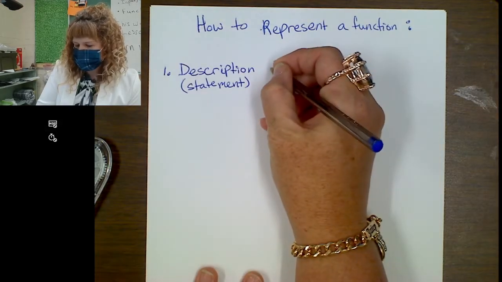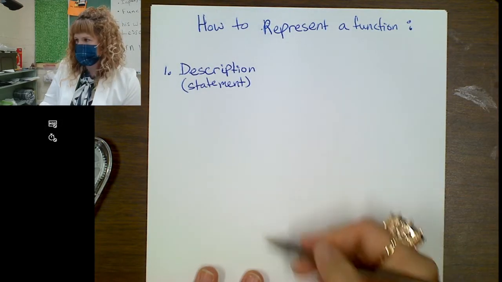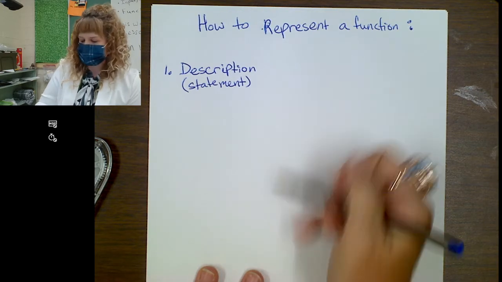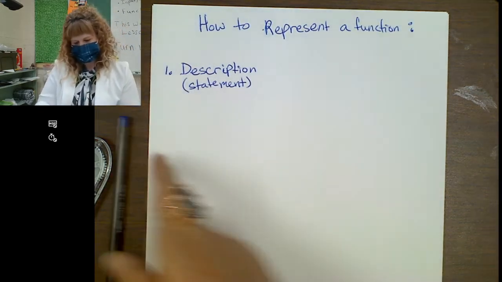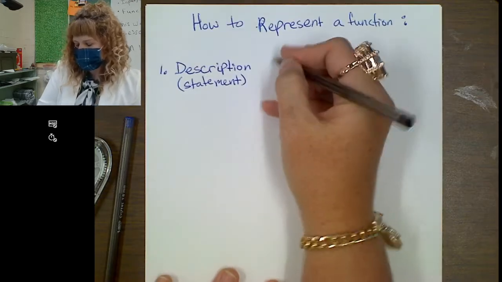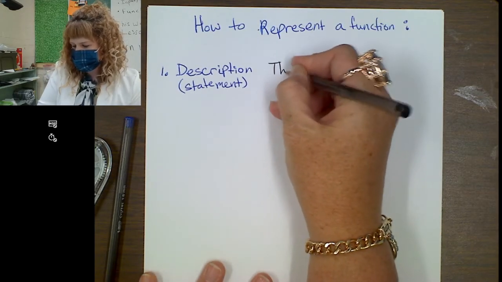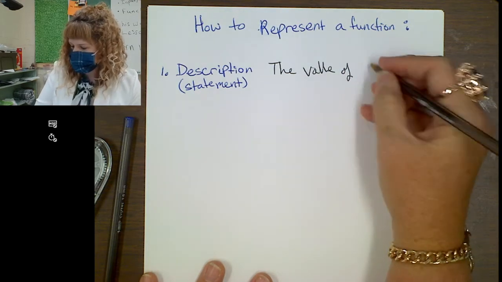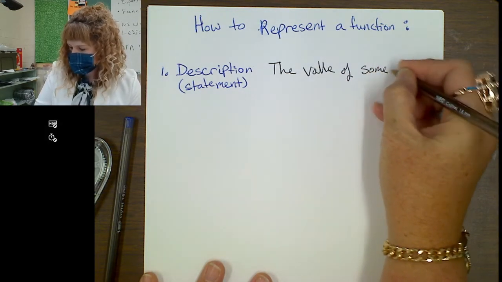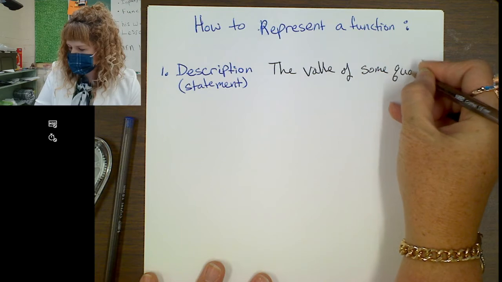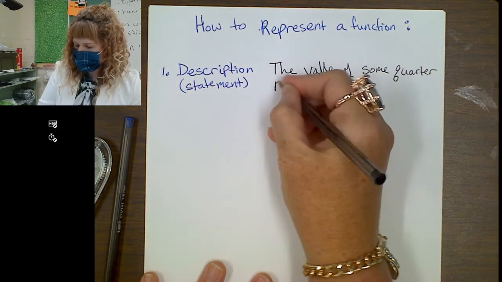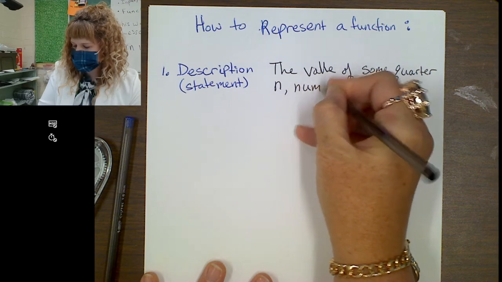So here's an example, and I'm going to use the same example for all 4 ways to represent a function. The statement or description is the value of some quarters, n number of quarters.